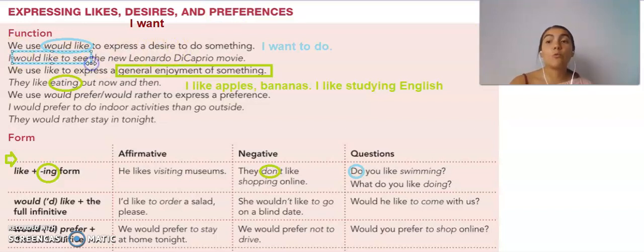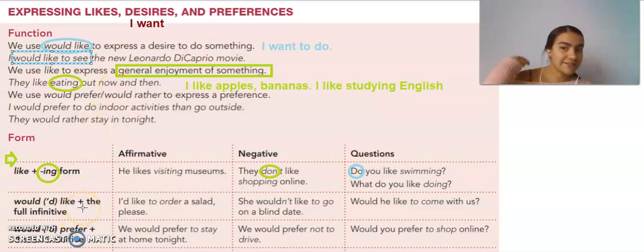So this is something that I want to do. Or when you go to a restaurant and say, oh, I would like to drink a cup of coffee. That is something that you want to do right now.